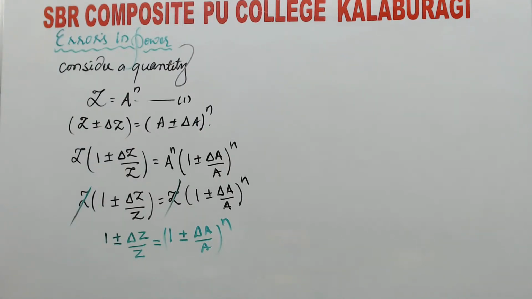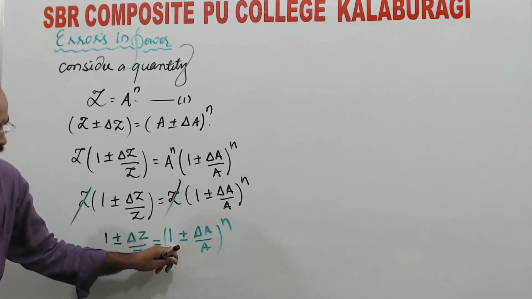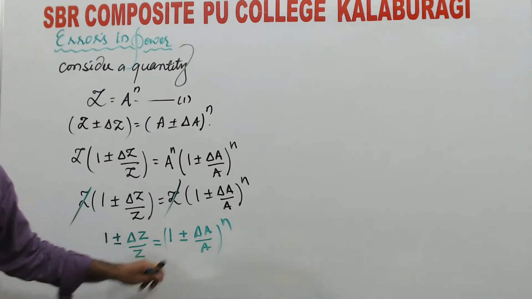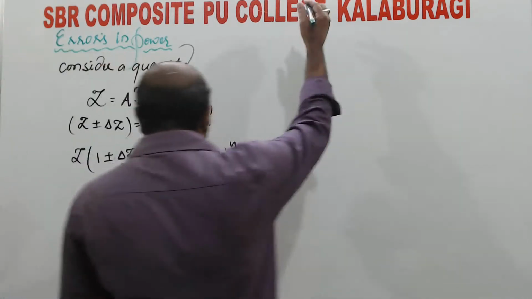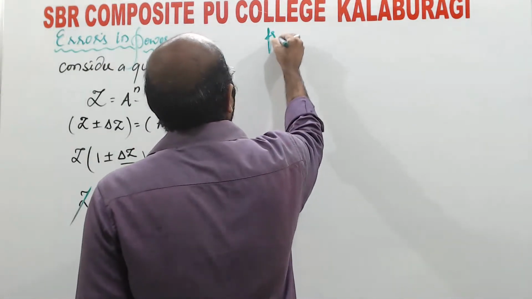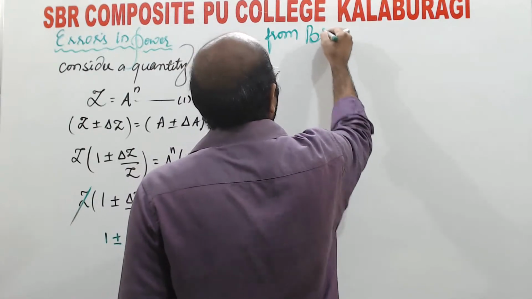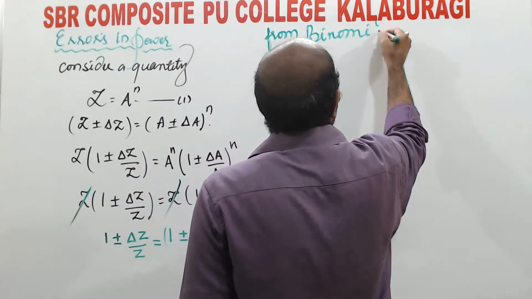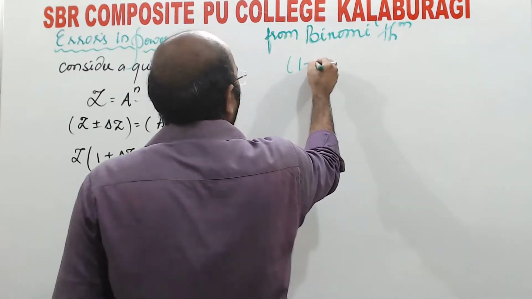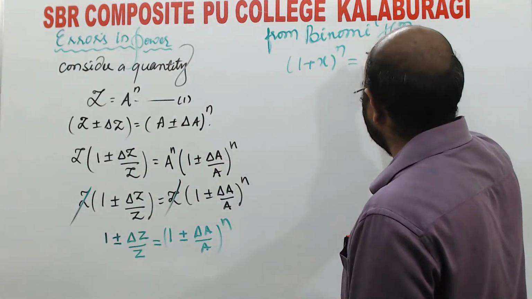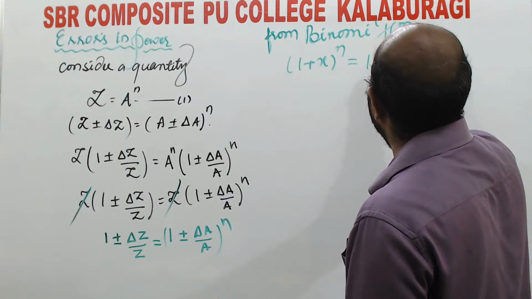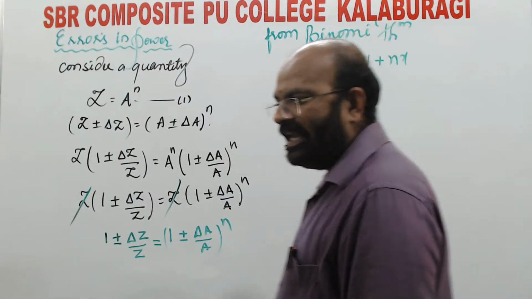Then next step, for the simplification, what condition will be applied here? We can apply the binomial theorem. From the binomial theorem, 1 plus x whole to the power n is equal to 1 plus nx.